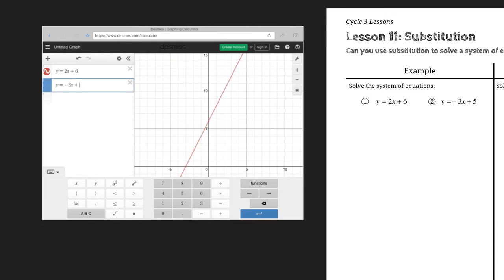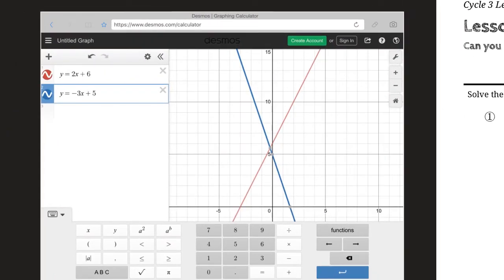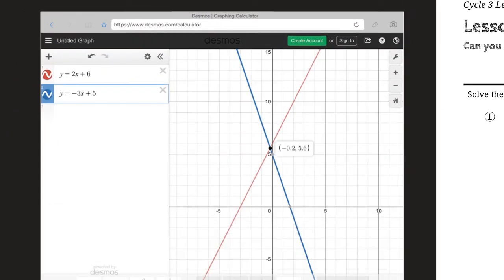plus 5. There. So remember, what does it mean to solve a system of equations? It means to find the point of intersection where those lines cross each other. And if we look on this graph, it's a little bit hard to see, but that is the point of intersection, right?